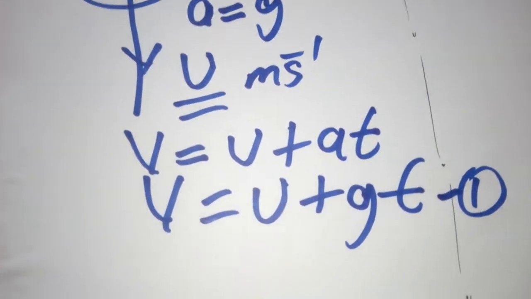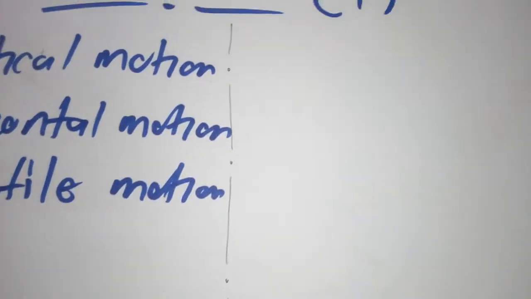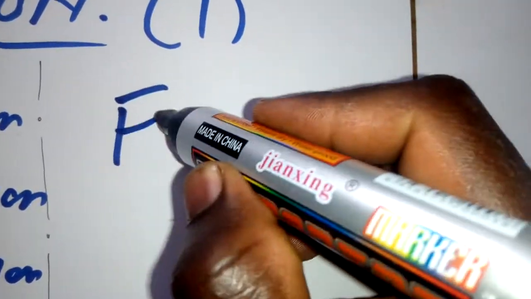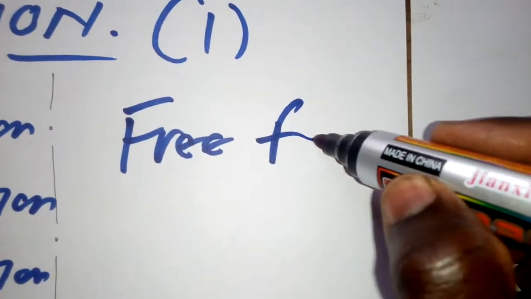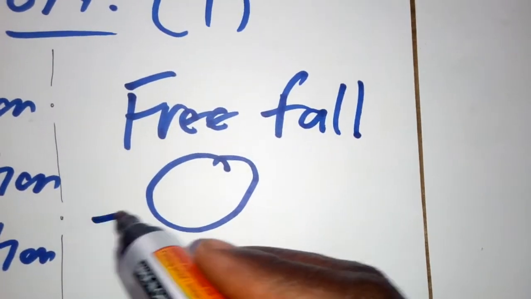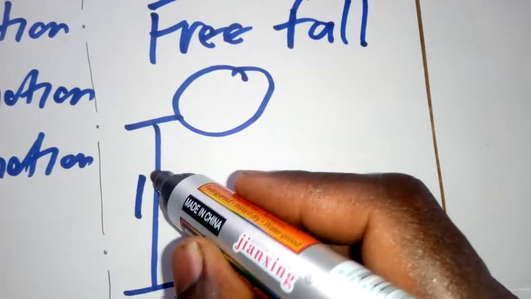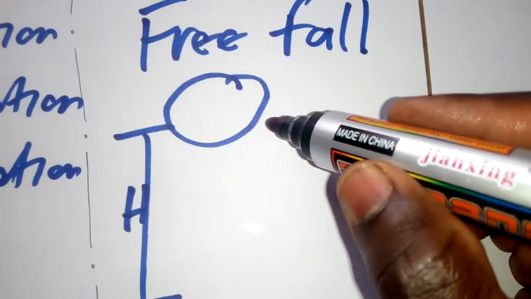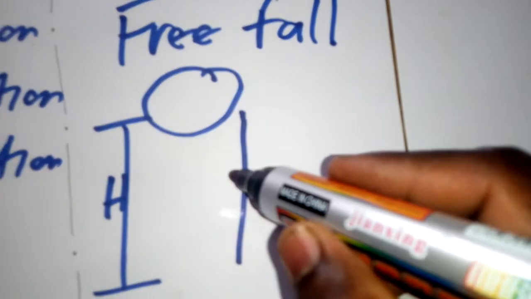Now look at this. Suppose now I'm looking at a free fall. I have an object at a given height h. Now it is falling freely.